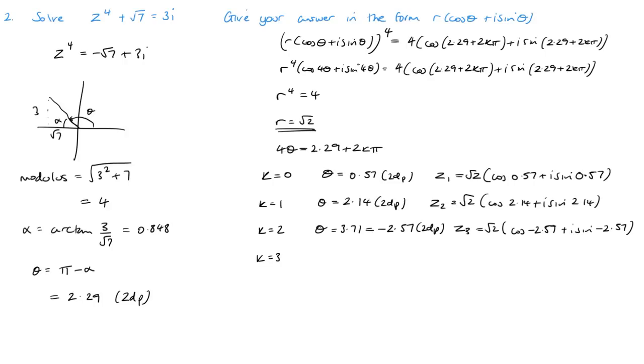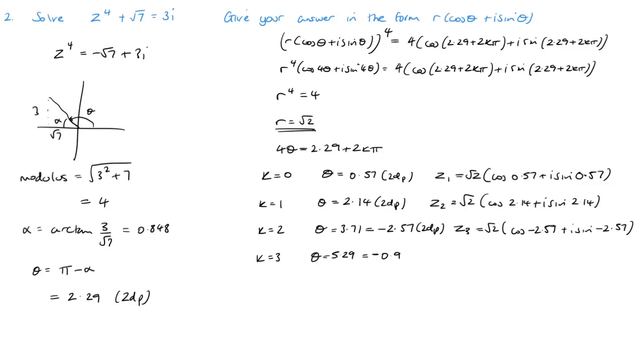And then finally k equals 3. So we got our 2.29 now times by 3, so it's going to be 6 pi. So plus 6 pi gives me 21 point something divided by 4, and that's 5.29, which is greater than pi. So minus 2 pi, and we get that this is minus 0.997.